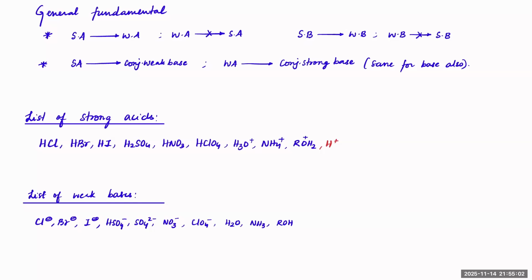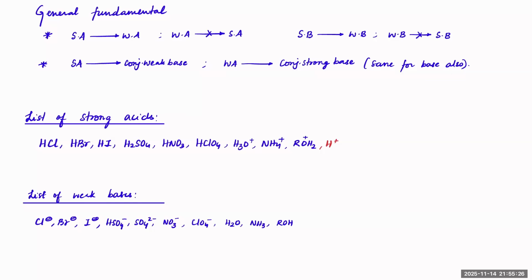Second thing, whenever a strong acid is taking part in the reaction, its result will always go towards a weak base. The conjugate base which it creates is always a weak base. Similarly, if you have a weak acid, it is going to generate a conjugate strong base. The same logic applies for bases also.